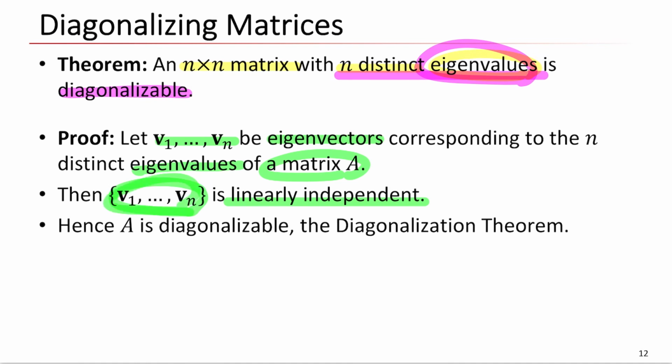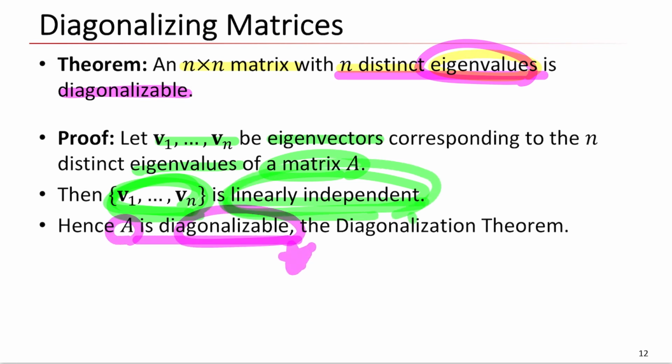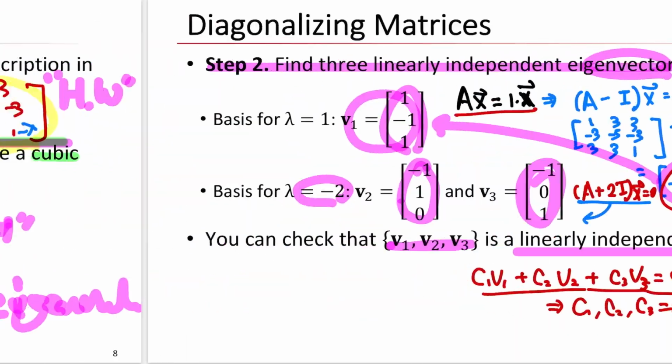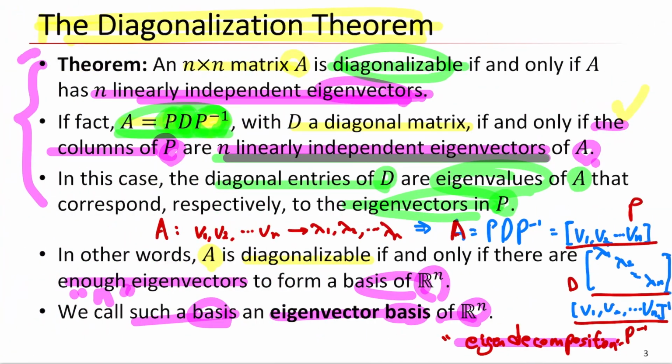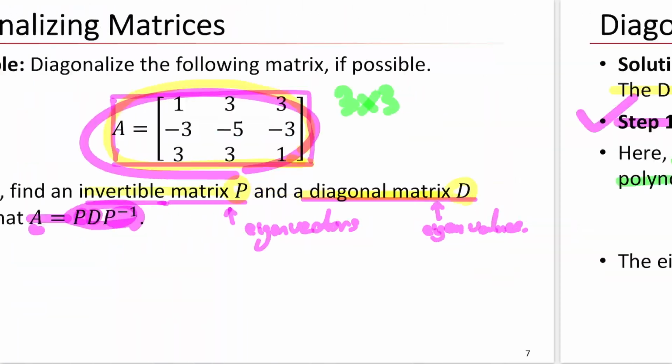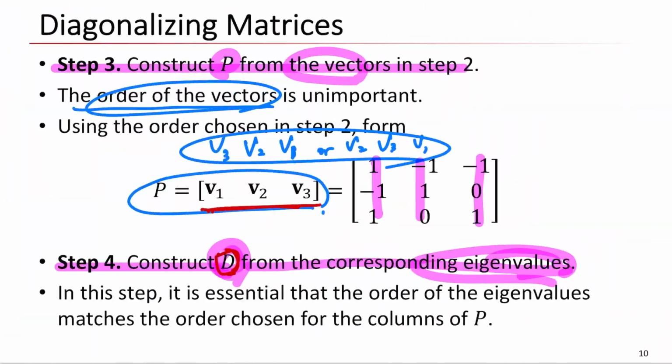If V1 through Vn are linearly independent, then the matrix A is diagonalizable by the diagonalization theorem. Here, if the columns of the matrix P are linearly independent, then matrix A is diagonalizable.